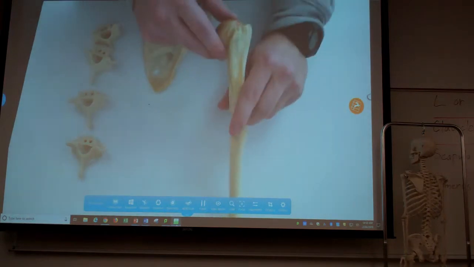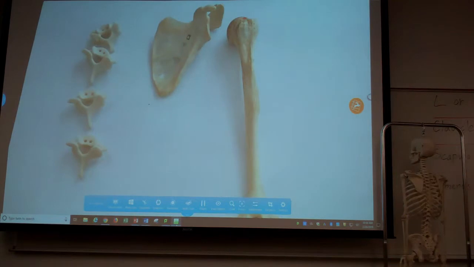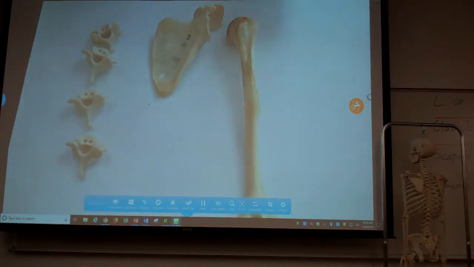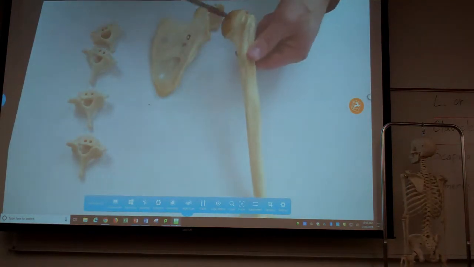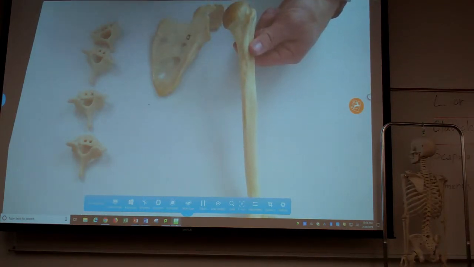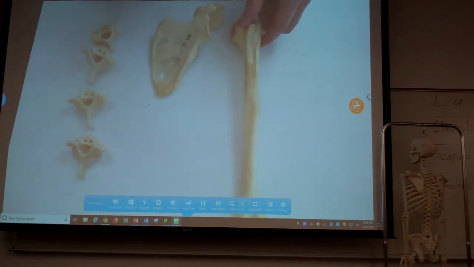All right, we're going to start top down here. Just to give you a relation of where it's at, you've got your spine, you've got your scapula, and then you've got your humerus. Starting off at the top here, we call this the head of our humerus. If you've got a head, that means you've got a neck.